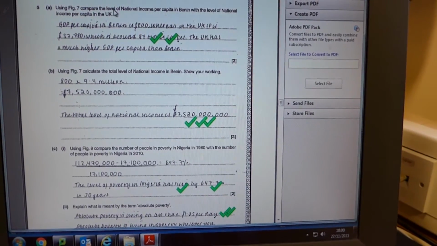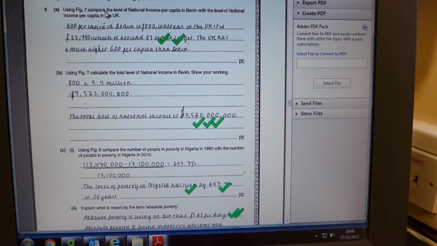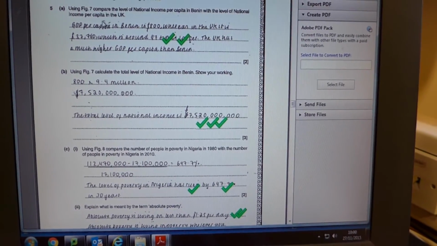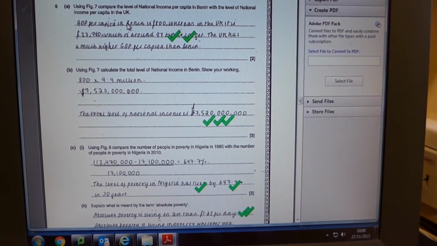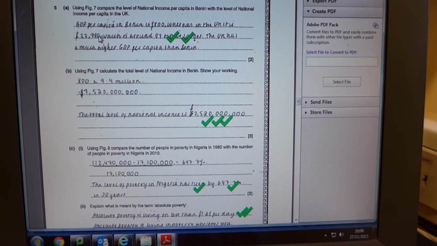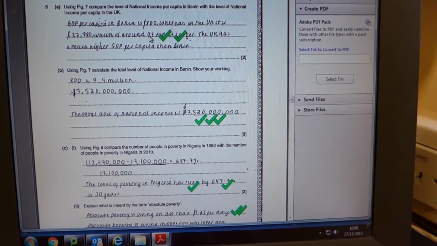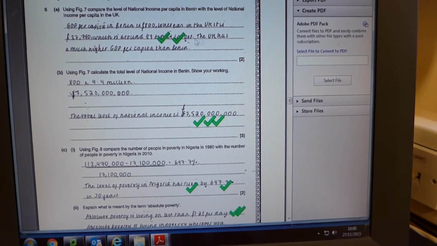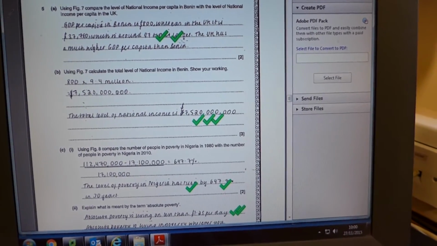Now, it doesn't tell you to do that explicitly, but it is explicit in this word compare. So this candidate has written GDP per capita in Benin is such and such, in the UK it's such and such, which is around 47 times higher. The UK has a much higher GDP per capita than Benin, and you see the double tick there for 2 marks.